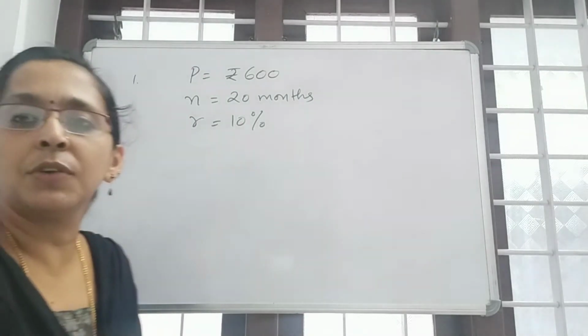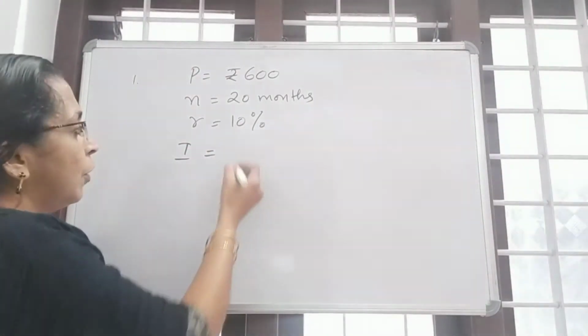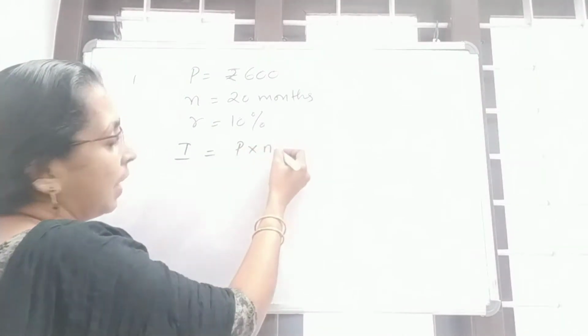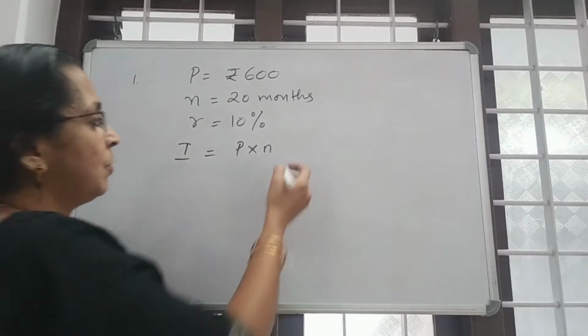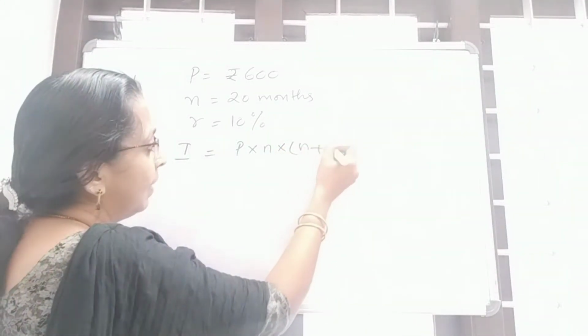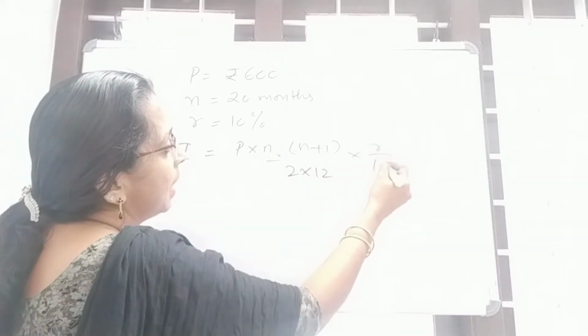For finding the maturity value, first we want to find the interest. Interest is equal to P into N into N plus 1 divided by 2 into 12 into R by 100.